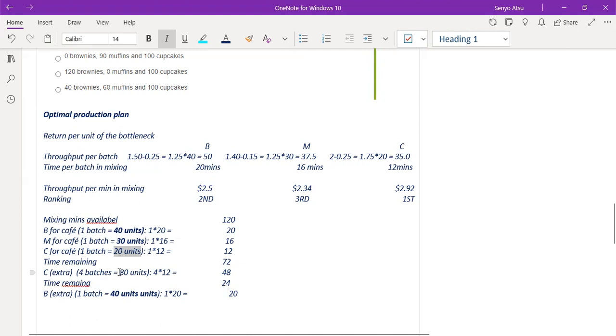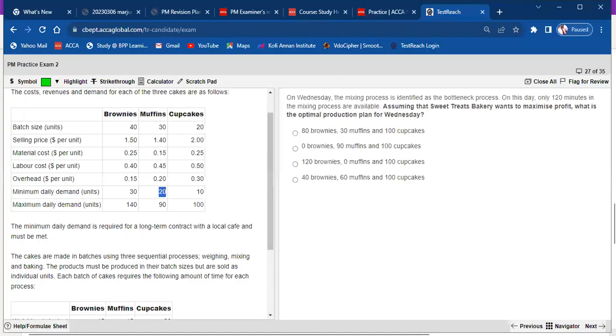Sorry, cupcakes, 20 plus 80, 100. So that confirms it. Produce 80 brownies, 30 muffins, 100 cupcakes.